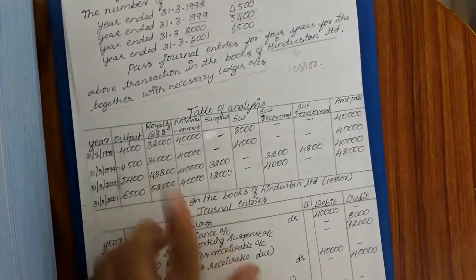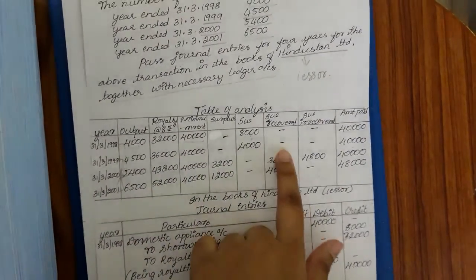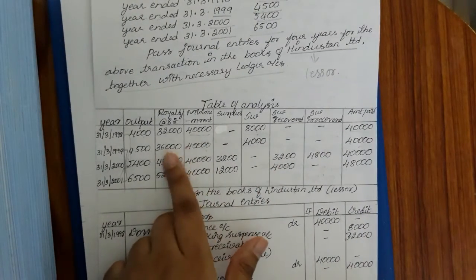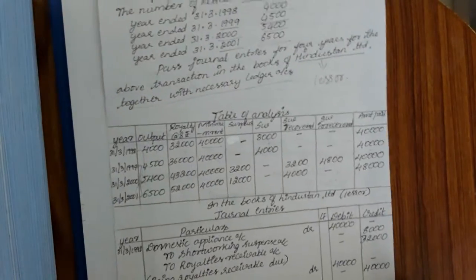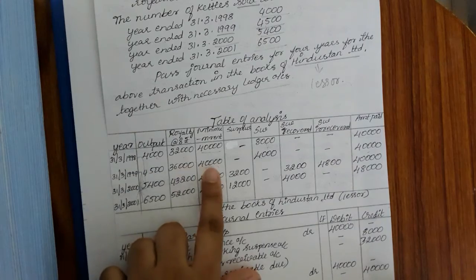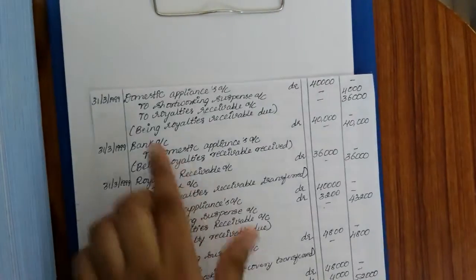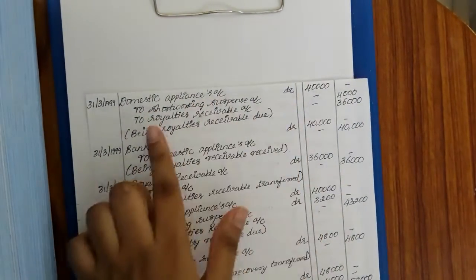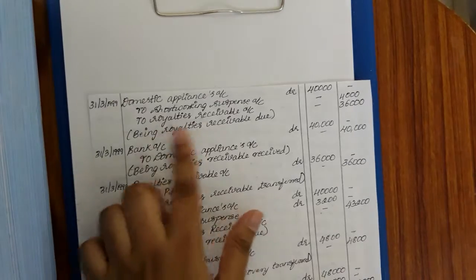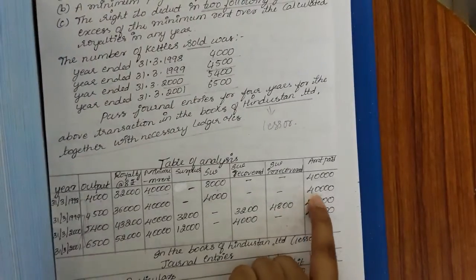Even for the second year it will be the same, because there is no recoverability, there is short working, the royalty is less than minimum rent. When royalty is less than minimum rent, what is the due entry? You will be passing domestic appliance account debit to short working suspense account to royalty receivable account. What is the royalty you actually received? 40,000.